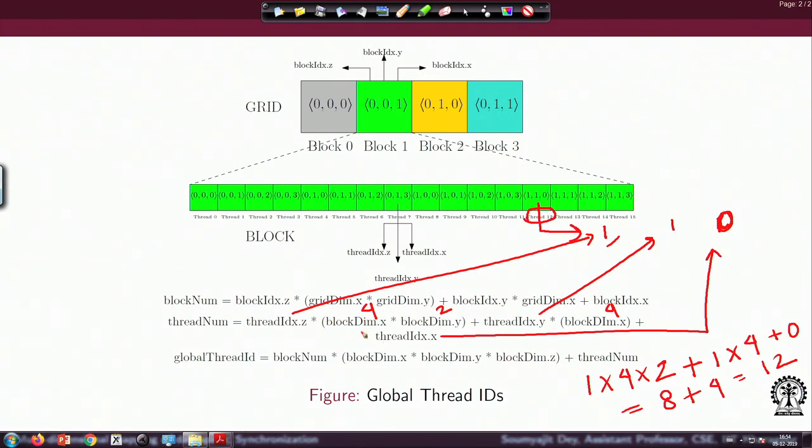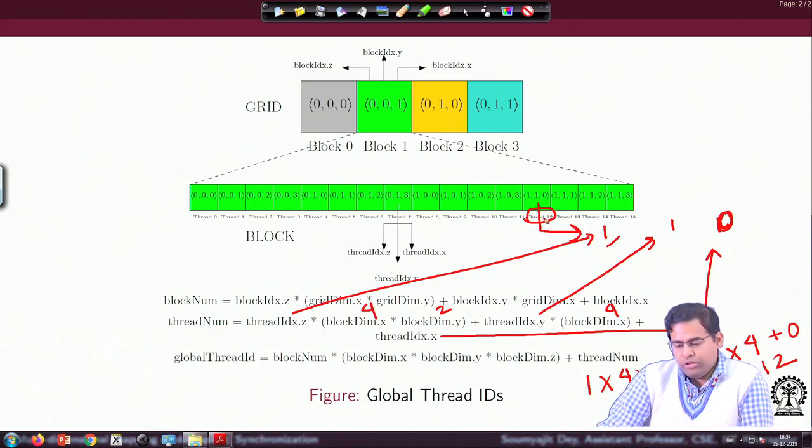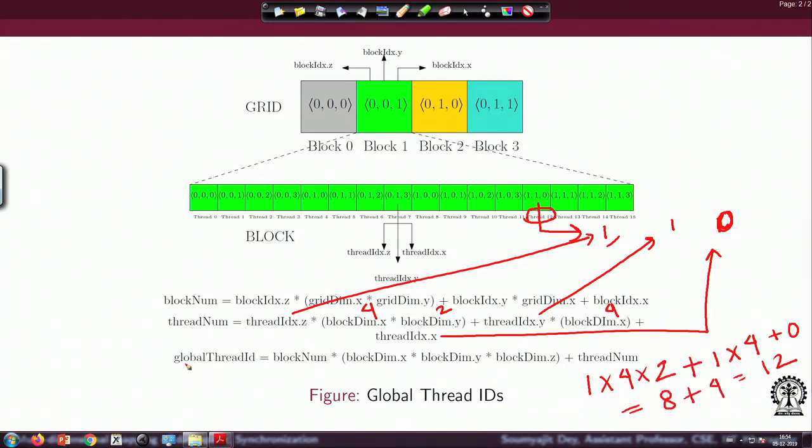And the next important thing would be that a thread number can be computed for a position of the thread inside this block, and a thread can also find out what is the number of the block in which it is positioned. Using these two values, the thread can find its exact position in the global thread id variable, that is its exact position among all the threads that have been launched, which is nothing but the global thread id is equal to the number of blocks that have been covered up to block 1.